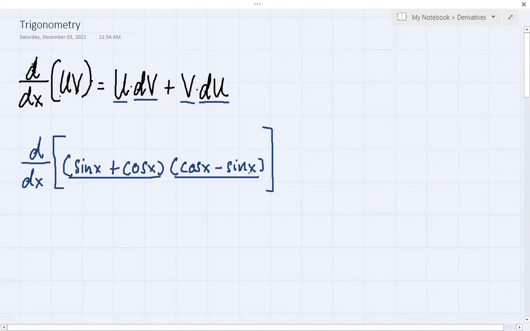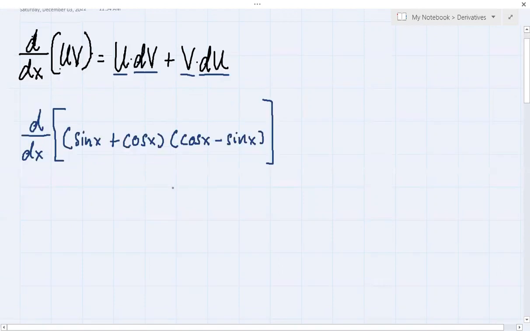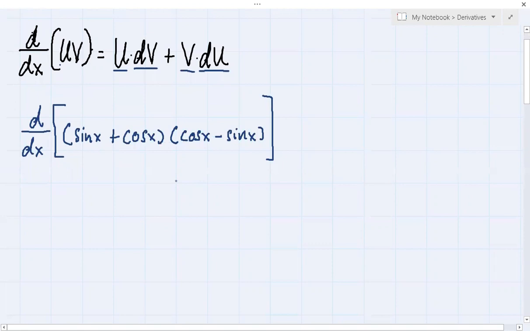Pero instead of terms na nagamit, trigonometric function ang nagamit. Now, let's apply product rule of differentiation. Okay. So, let u be sin x plus cosine x. Tapos yung v ko magiging cosine x minus sin x.